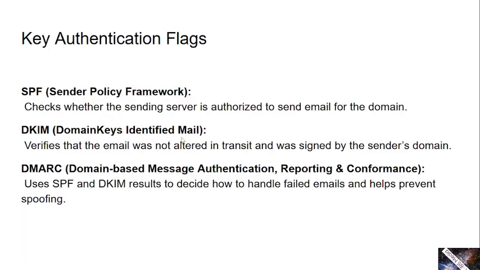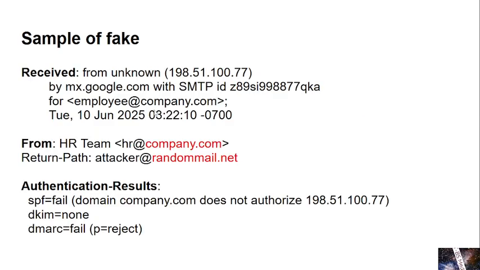So let's go back to the fake one. You see employee at company.com. Yes. But then HR team, still the same header. But now HR at company.com. Yes. But the return path is what? randommail.net.